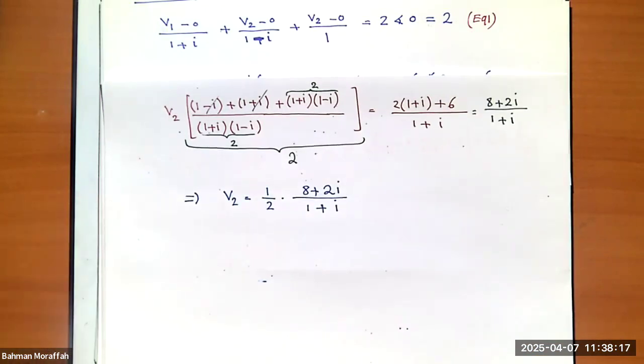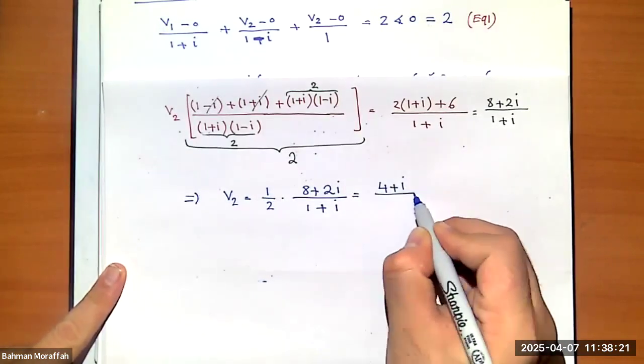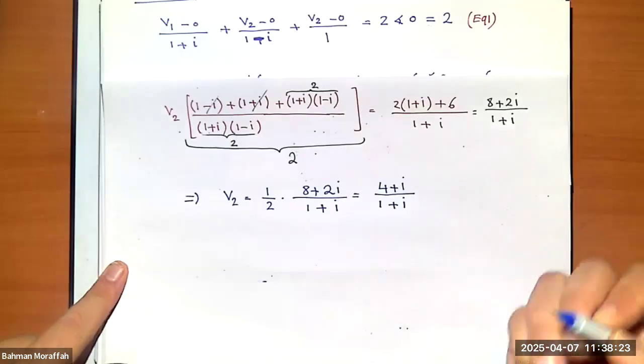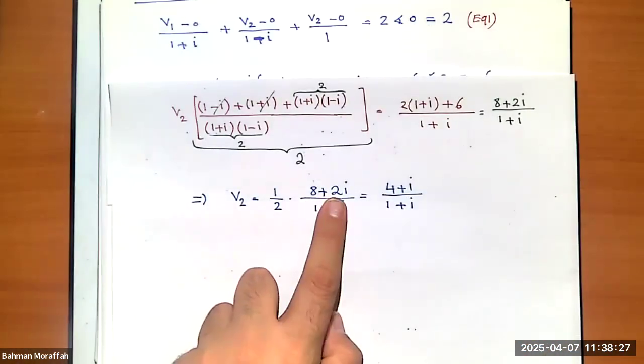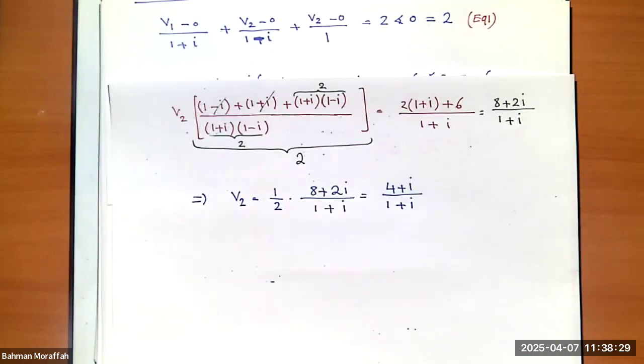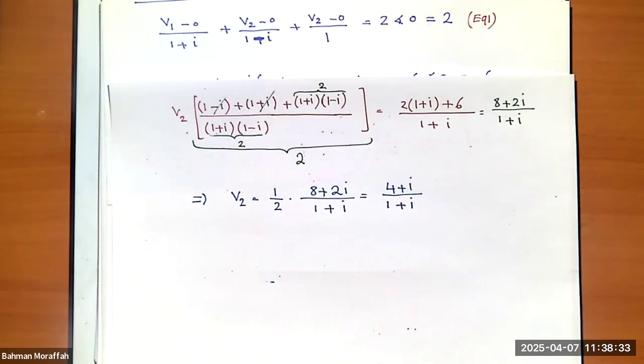Right? So I have 4 plus i divided by 1 plus i. Right? 8 plus 2i, I can factor out 2. Again, I get a division where the denominator is a complex number. How do we deal with it?